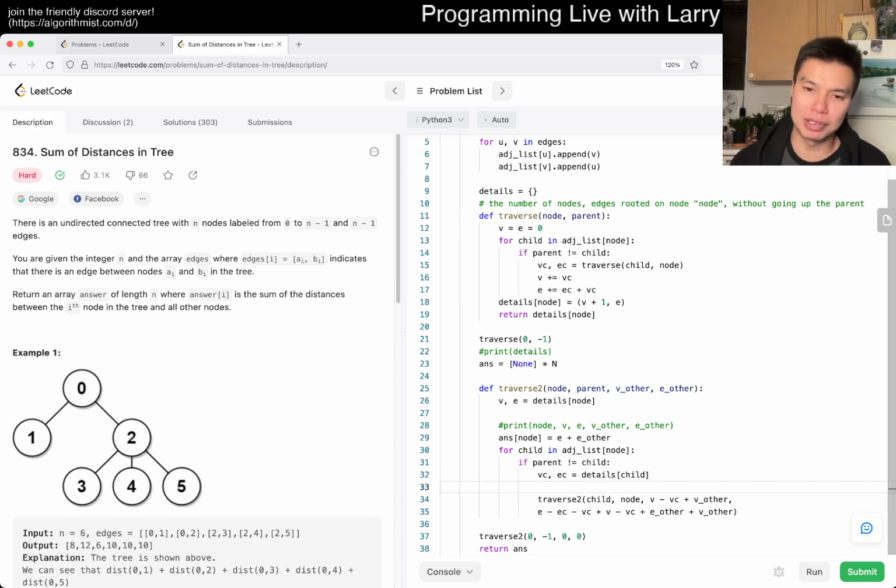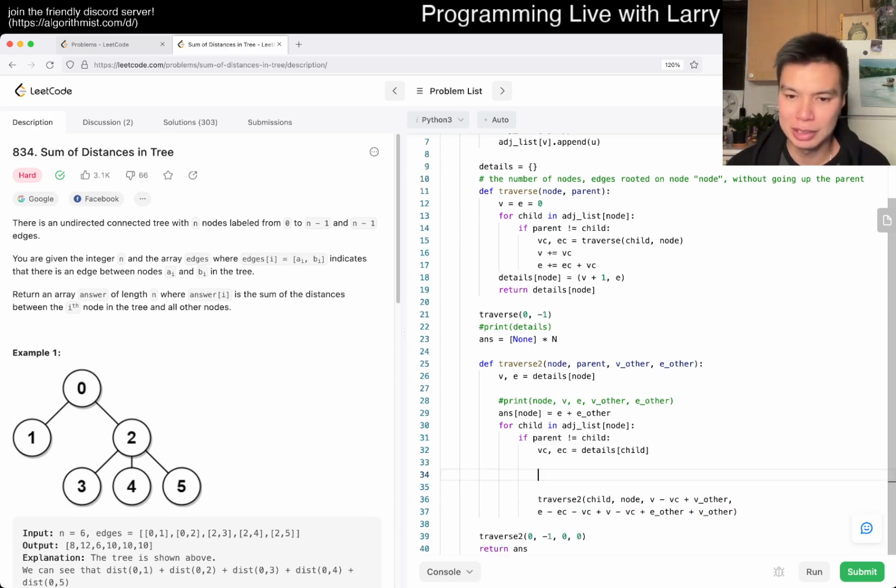But basically, the new edges is equal to, so e plus e other is the number of edges for this current node, right? And then we add plus we other, because now all those nodes are one step further on the edge if you go into a child.